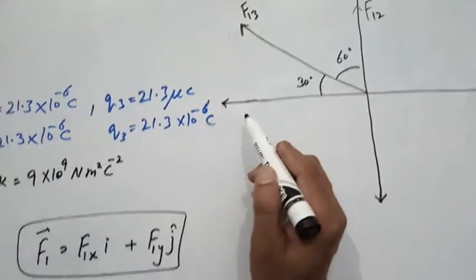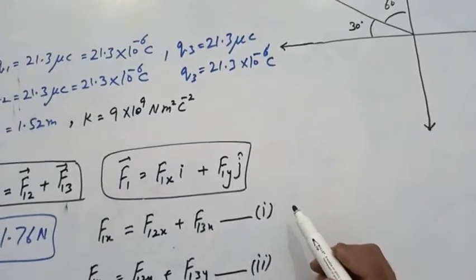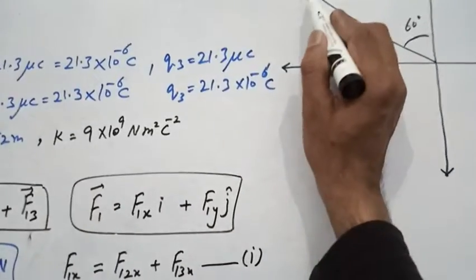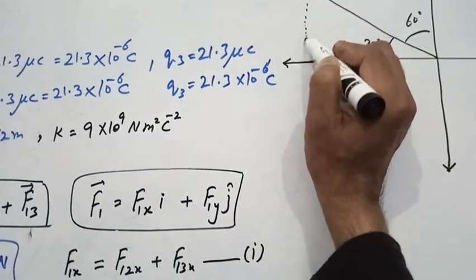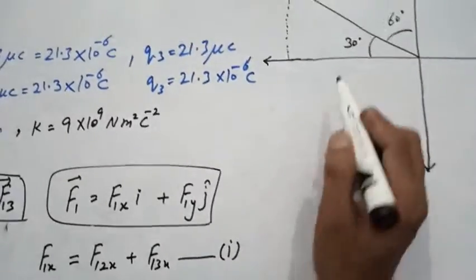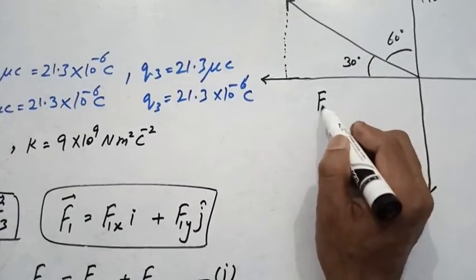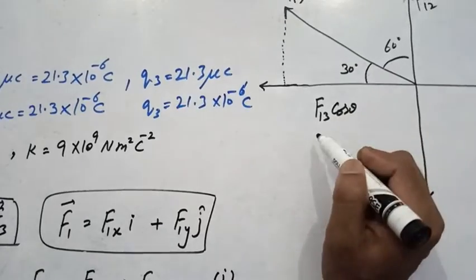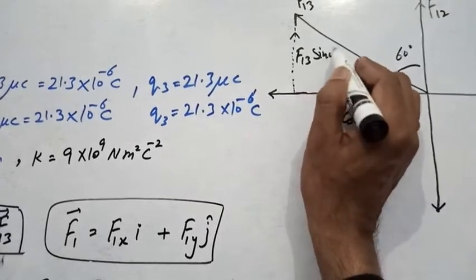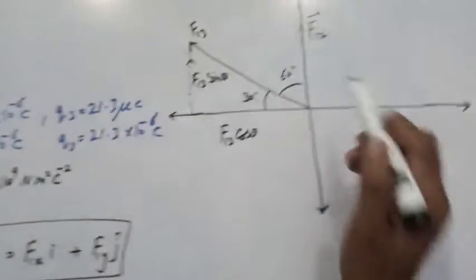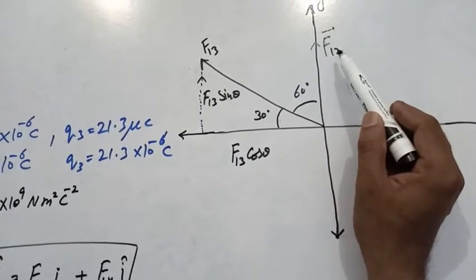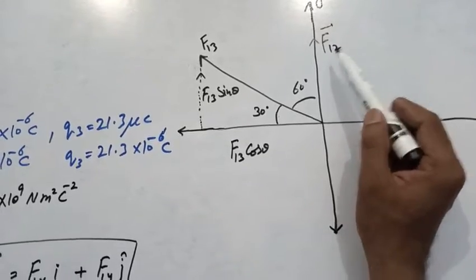Now to calculate the net force, I have to calculate the x and y components of forces F12 and F13. For this purpose, I resolve force F13 into its components. Its x component is F13 cos theta, and its y component is F13 sin theta. Force F12 is acting along the y-axis, so there is no x component of force F12.